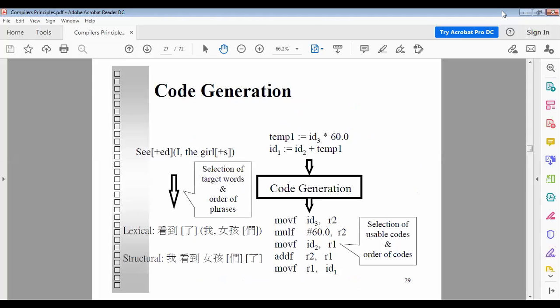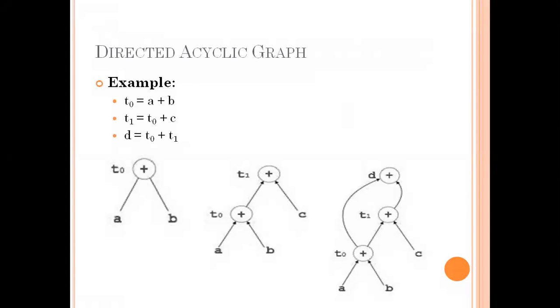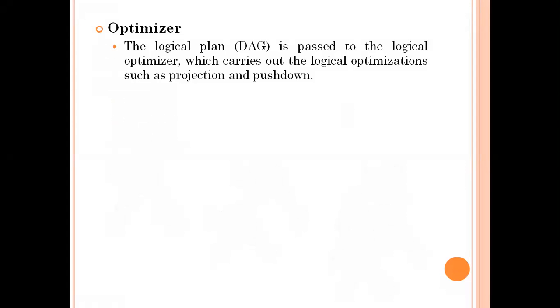these compiler phases. Now we have an idea of what is a DAG. So now we know what is a DAG, how to represent it as a DAG, how we are going to represent all this. Next, another one is about the optimizer.